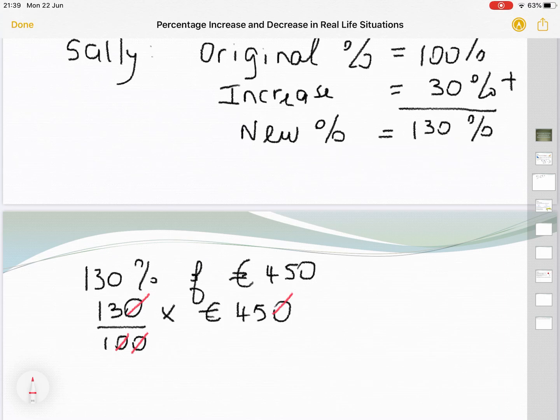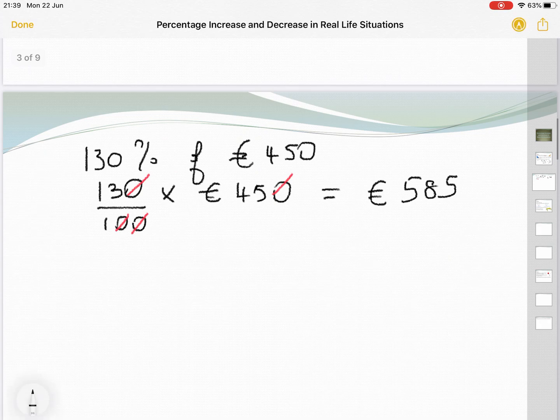Now 13 times 45 is equal to 585. So now, boys, Sally has 585.